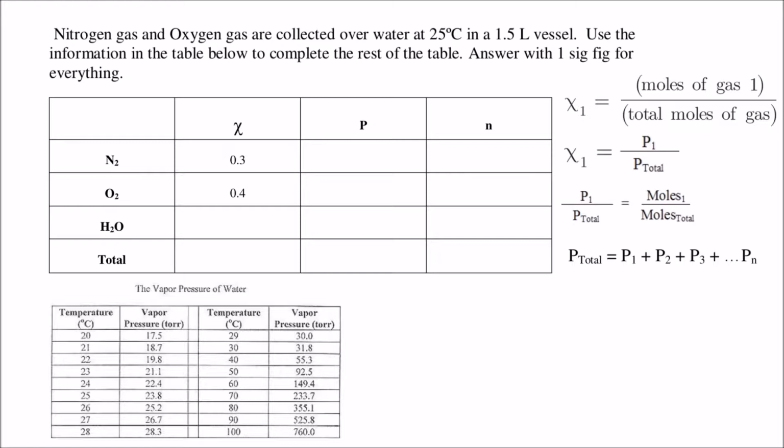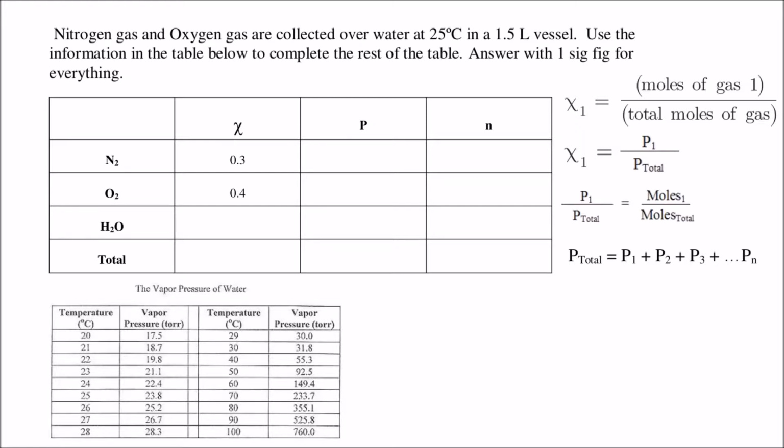So we're going to have nitrogen gas, oxygen gas, and water vapor gas all mixed together. This is all happening at 25 degrees Celsius in a 1.5 liter vessel. Use the information in the table to complete the rest of the table and answer with 1 sig fig for everything. Let's go ahead and get started.